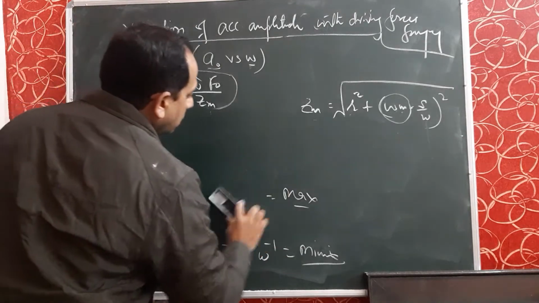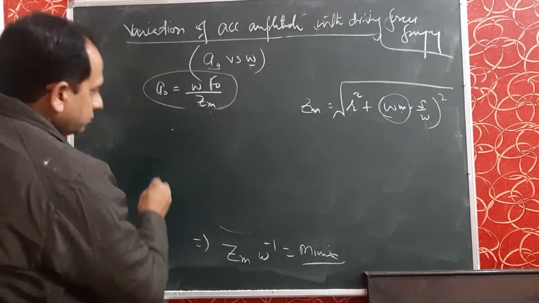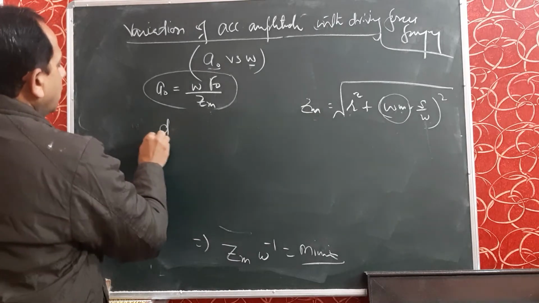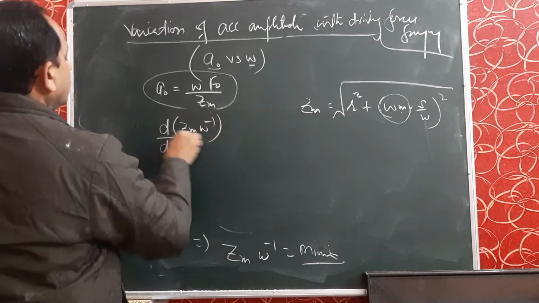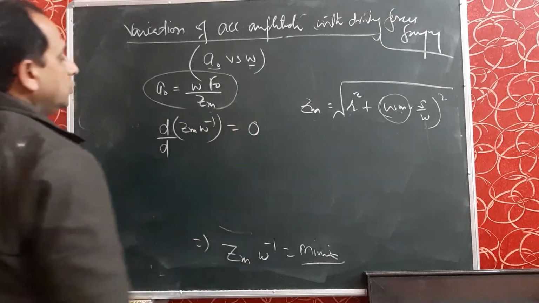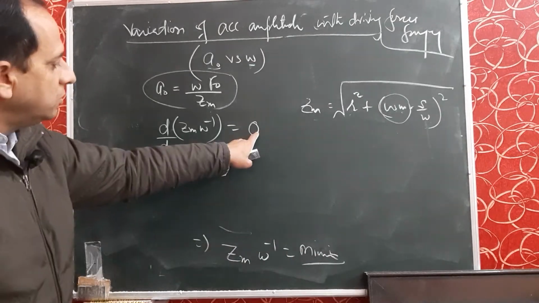So we apply the formula for the minima or maxima condition, that is, the derivative of Zm into omega inverse, which is omega minus 1, is 0, because this term is minimum and the derivative of a minimum is 0.